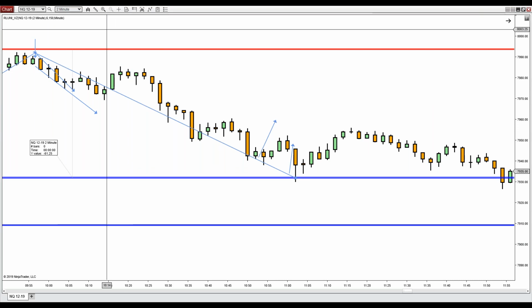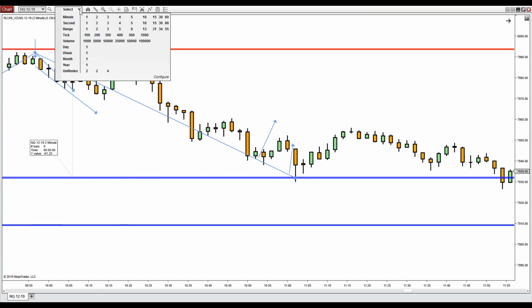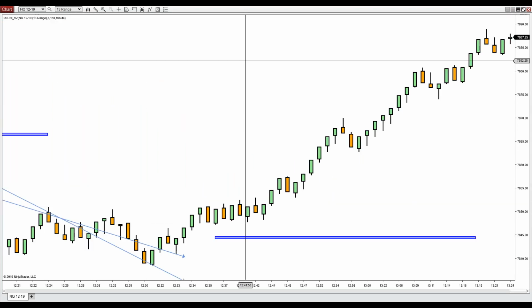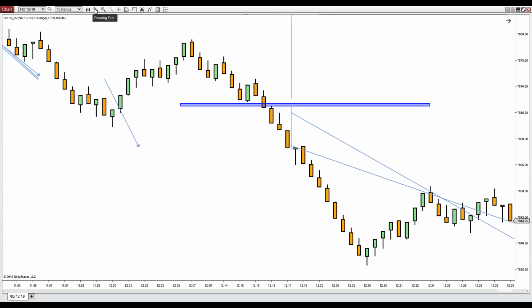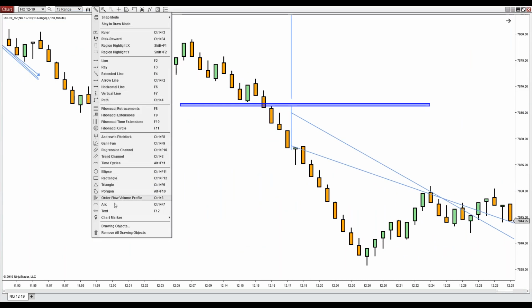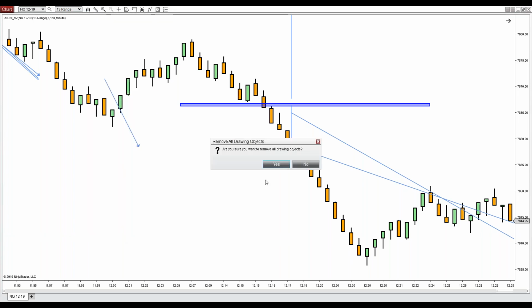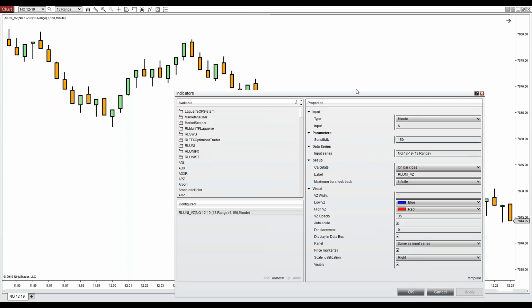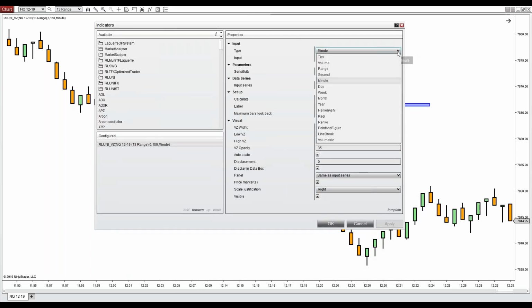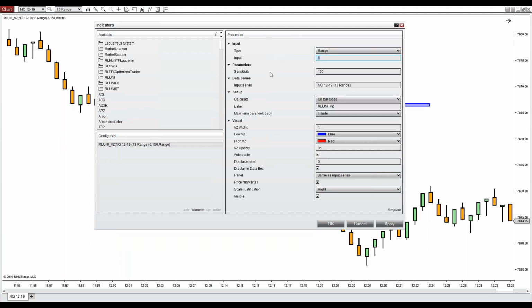Let's take a look at, say, on the NASDAQ, a 13 range. Now here's a 13 range. Let me take off all the drawing tools. But remember, when you change to a 13 range, you have to go into the indicator and change it from a 6-minute, and you change it to range, and you go to the next higher fib number.